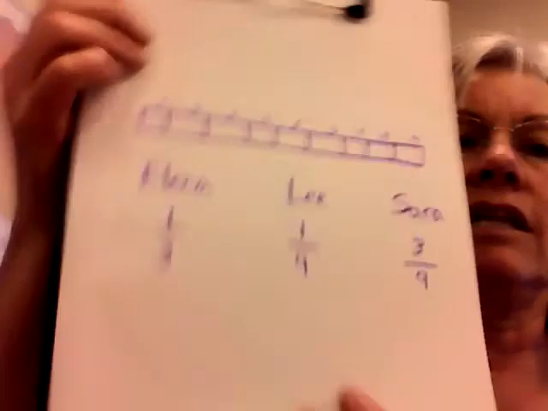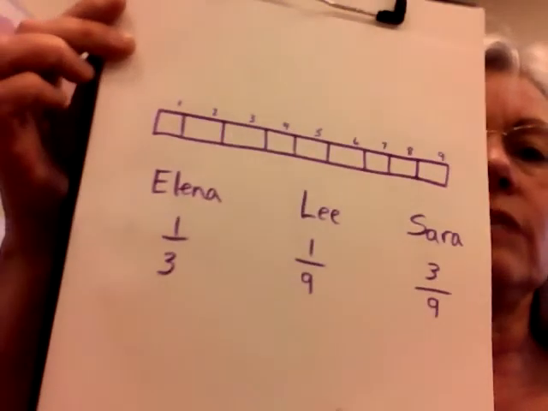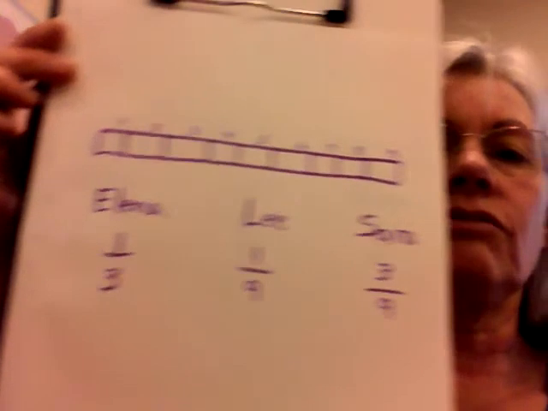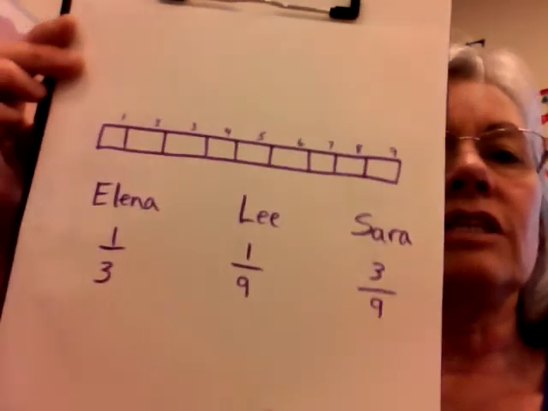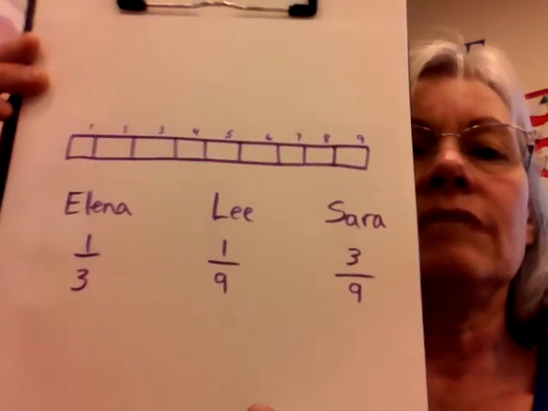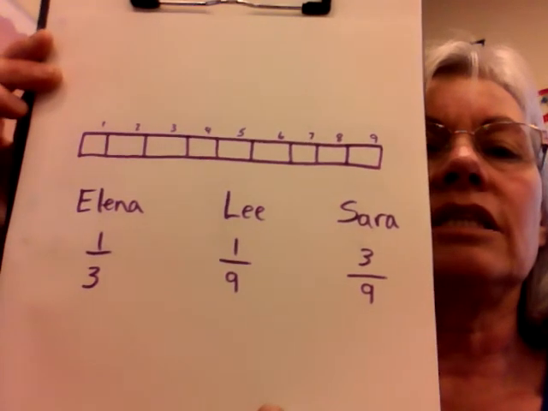In order to find out how much is eaten all together, we're going to add everybody's amount. We'll add Elena's 1/3, Lee's 1/9, and Sarah's 3/9. But what I just said about fractions is for adding and subtracting, we must use the same denominator.